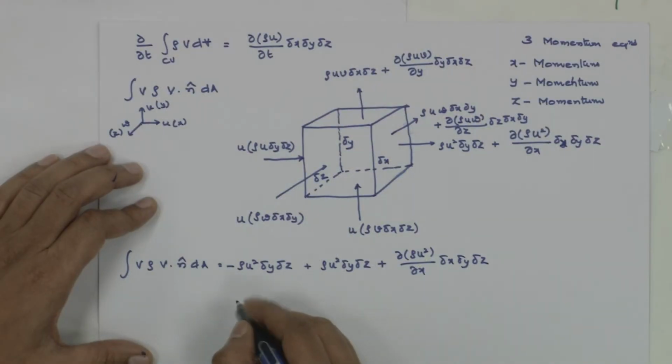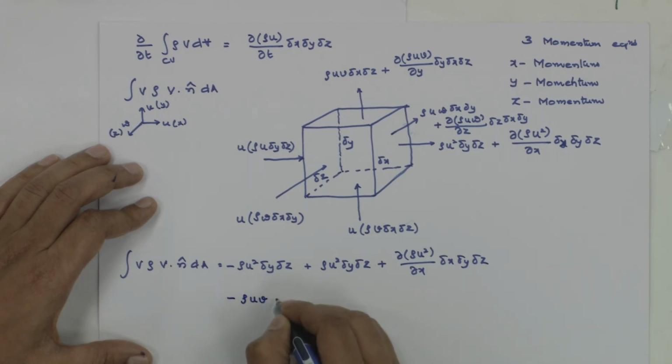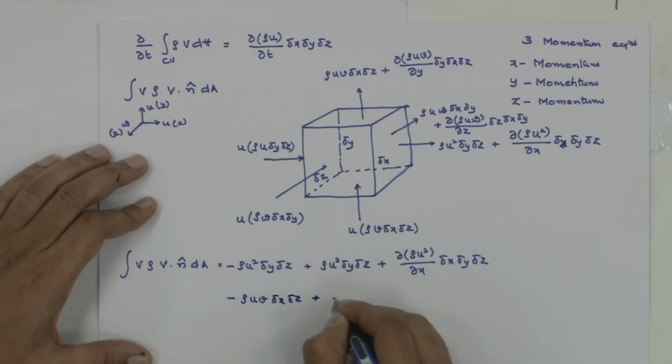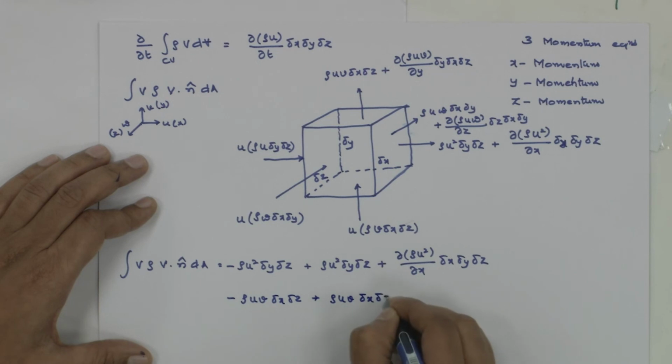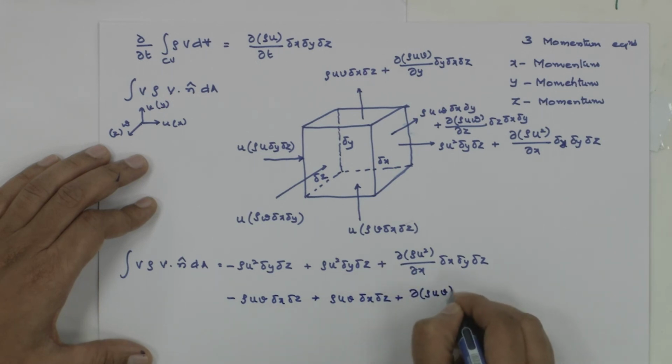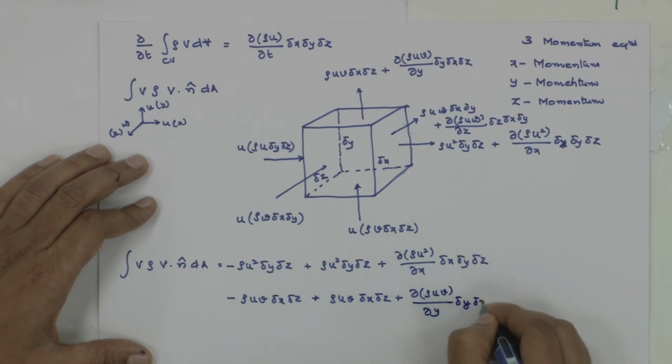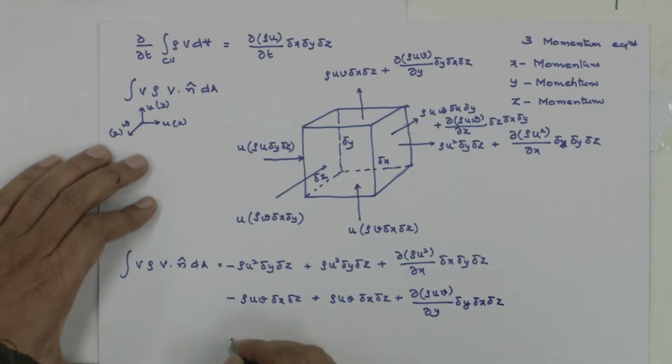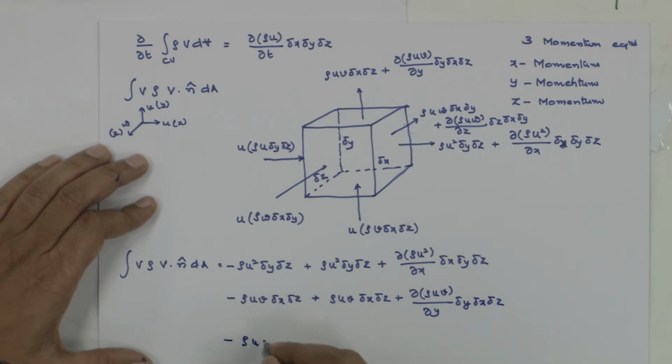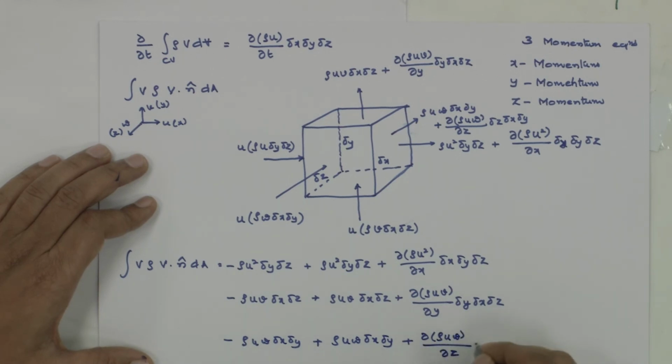So, now the next term is minus rho u v delta x delta z plus rho u v delta x delta z plus del of rho u v upon del y delta x delta z. So, the last terms are minus rho u w delta x delta y plus rho u w delta x delta y plus del of rho u w upon del z delta z, delta x, delta y.